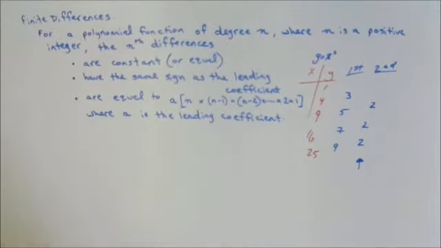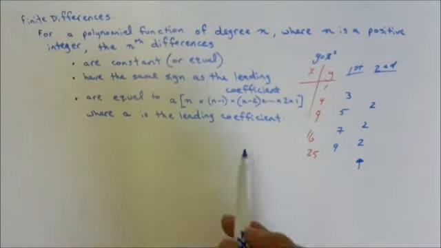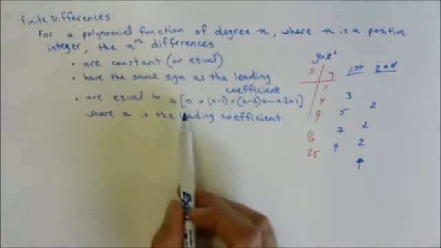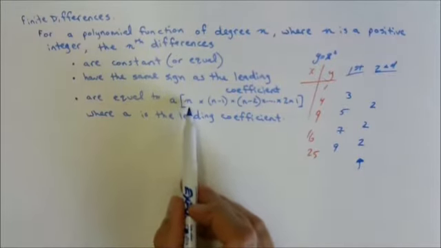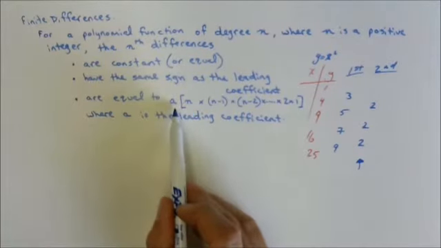Okay, so what does this whole thing even mean? Remember the function is the nth degree. So this is the exponent, the highest power of x, right there. A is the leading coefficient.